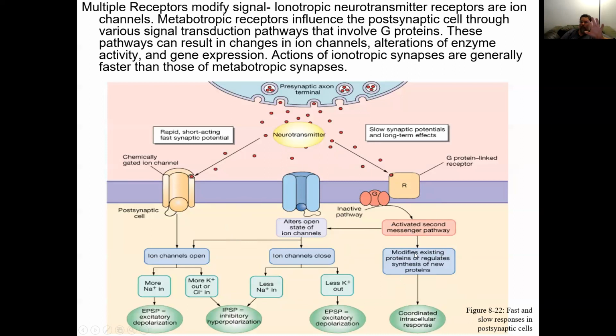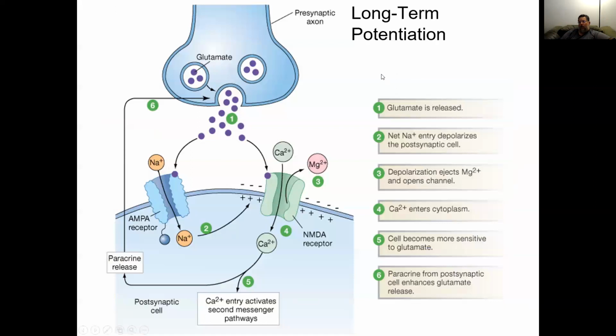And again, you see this more in how synapses form and connections form between neurons. And we call that long-term potentiation. Long-term potentiation is when the presynaptic neuron interacts with the postsynaptic neuron in a way that makes a stronger connection between those neurons, increasing the communication between them.